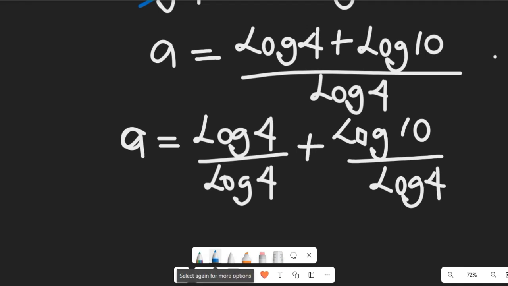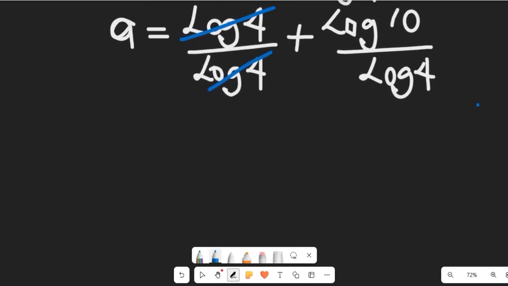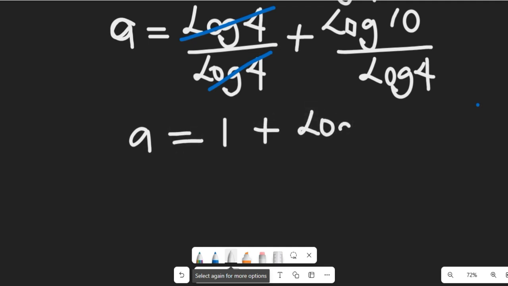So from here, you can see that log of 4 can cancel out log of 4, and that whole expression will give me 1. So I'll have a equal to 1 plus the log of 10 divided by the log of 4.